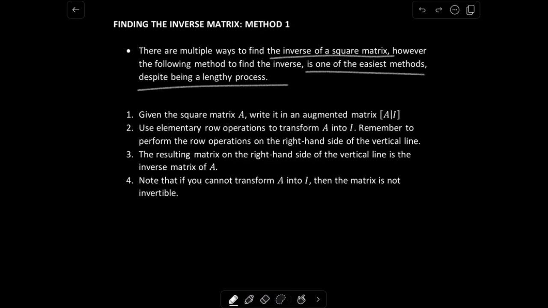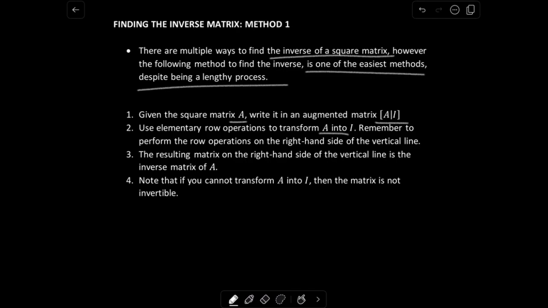So first step, given the square matrix A, write it in an augmented matrix, and then you're going to put a vertical line, and then you're going to have an identity matrix that corresponds to this A matrix. Basically the same dimensions. That's what I mean by correspond. Step 2, you're going to use elementary row operations to transform A into an identity matrix.